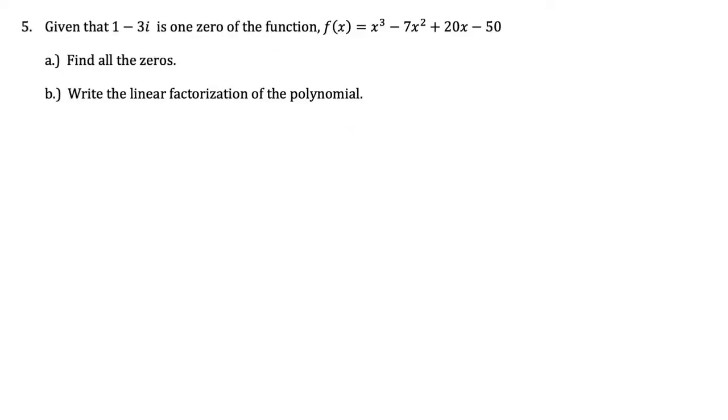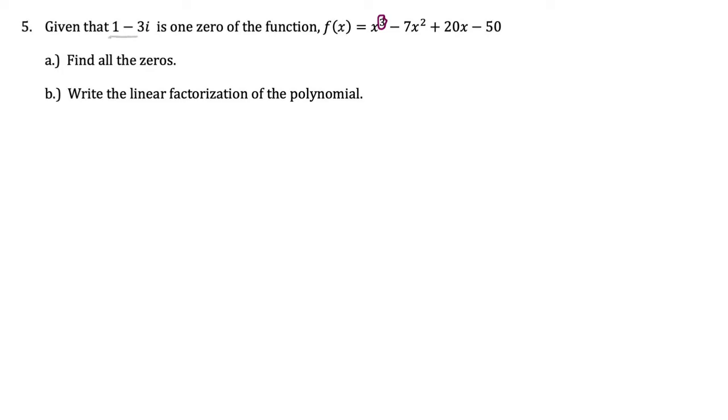All right, so for number 5, we've gotten 1 zero, and they want us to find the other zeros. So the other two zeros, and I know we have a total of 3 zeros here, so we have to be careful with all of them, trying to find what we're going to need.